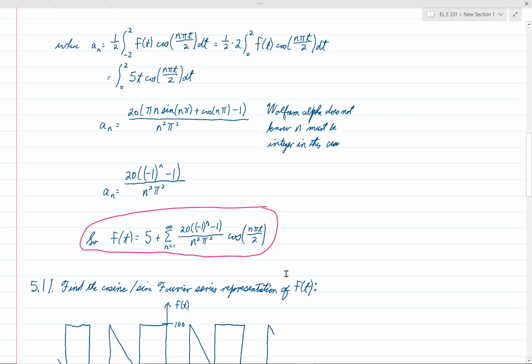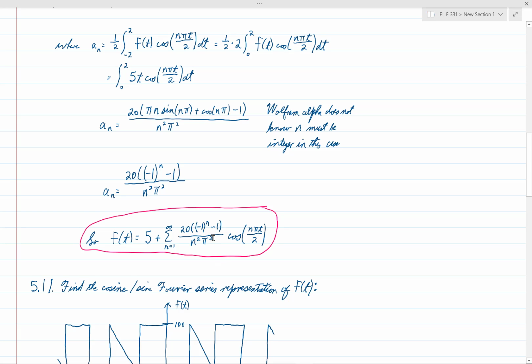And as far as insight into this is concerned, one thing we can say is that this is a completely even function of t, and that's pretty obvious because, of course, the constant is an even function of t, and all of these terms are even, so that pops out immediately. And another thing that we see is that these coefficients are decreasing fairly rapidly. They are decreasing with n squared.